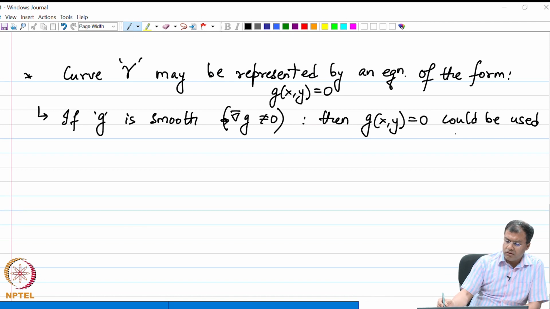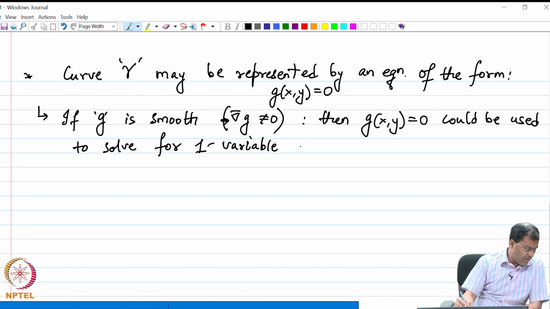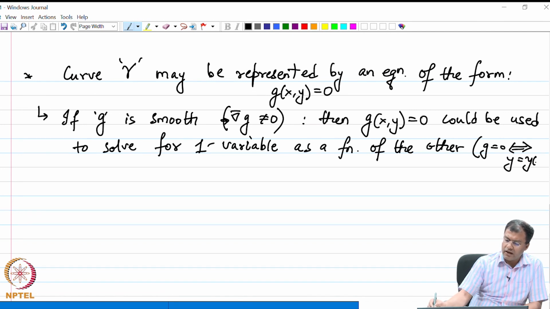So, let us say now, g of x comma y could be used to solve for one variable as a function of the other, right. So, using g equal to 0, I can very well express y as a function of x.